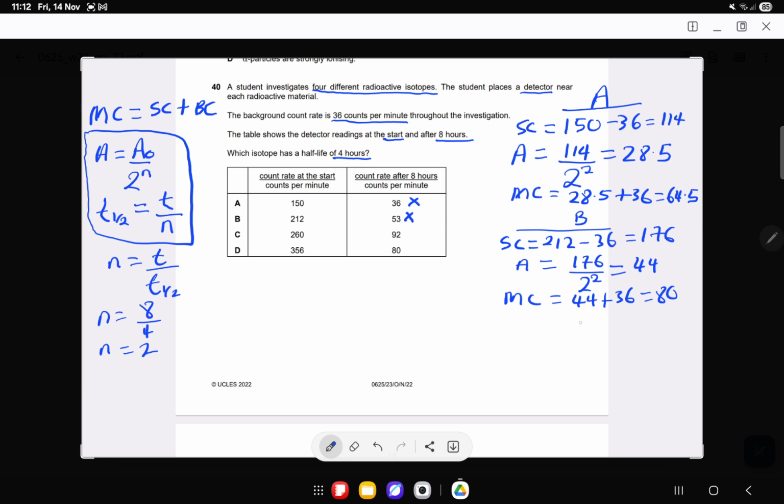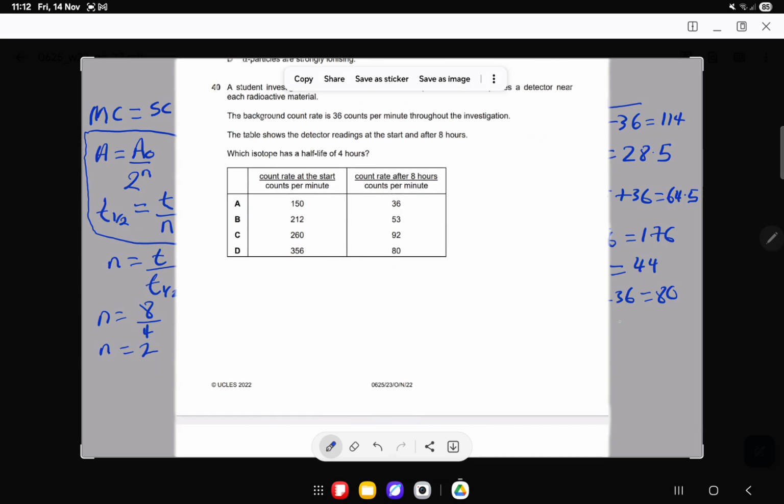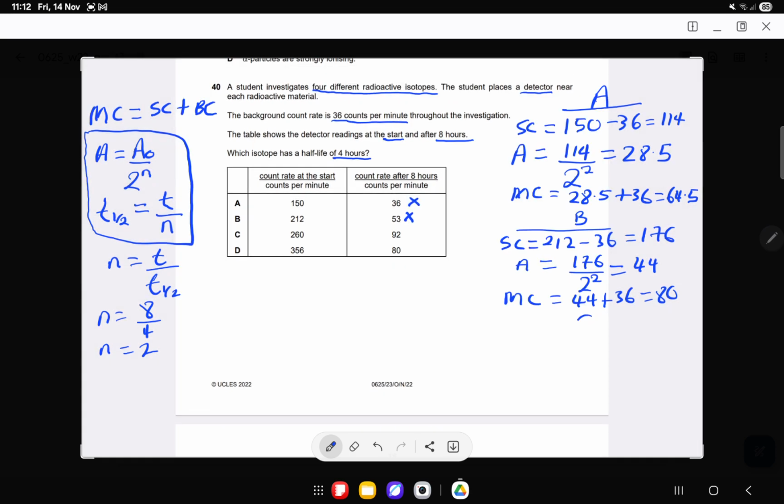So we go to option C and repeat the same thing. For option C, I get the sample count rate, which will be equal to 260 minus the background count rate, which is 36.